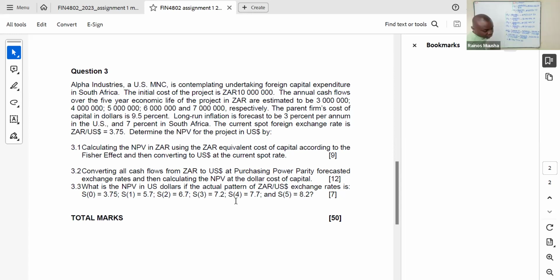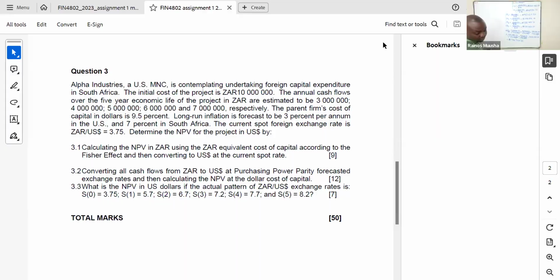The first thing that we have to do is to convert the cash flows into US dollar equivalents at the given actual exchange rates. Then we need to find the net present value.